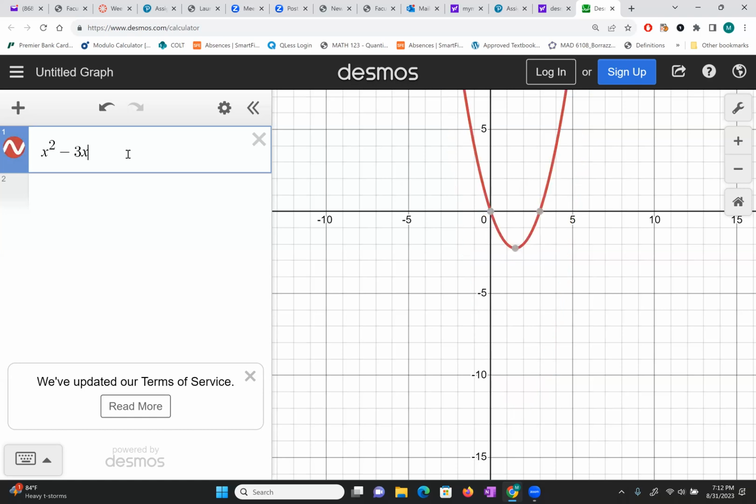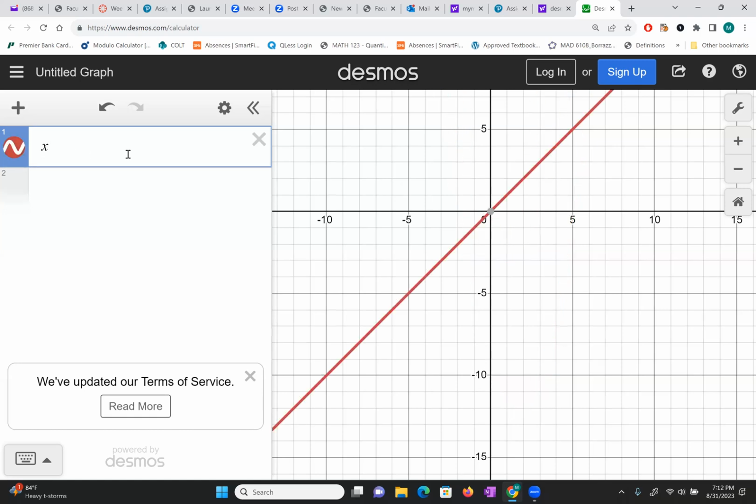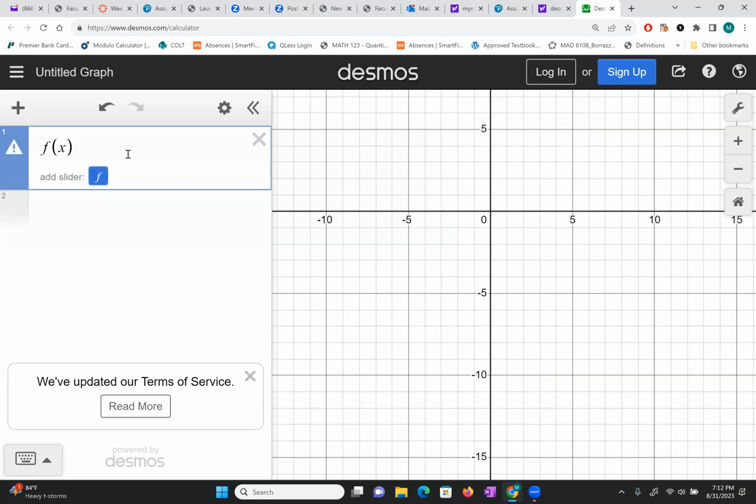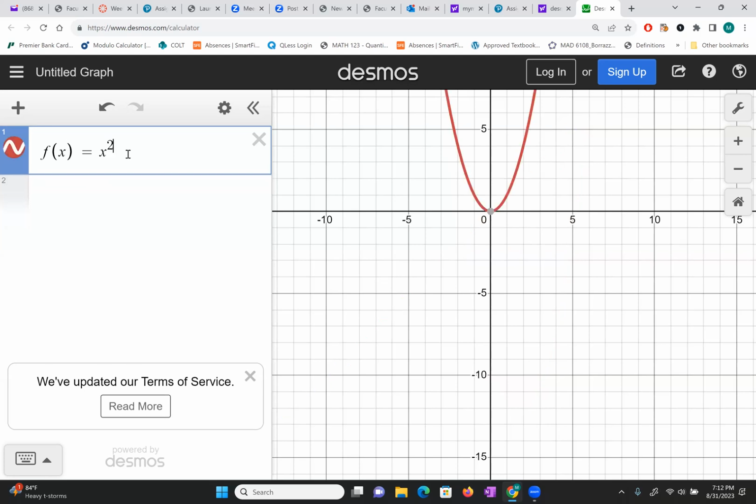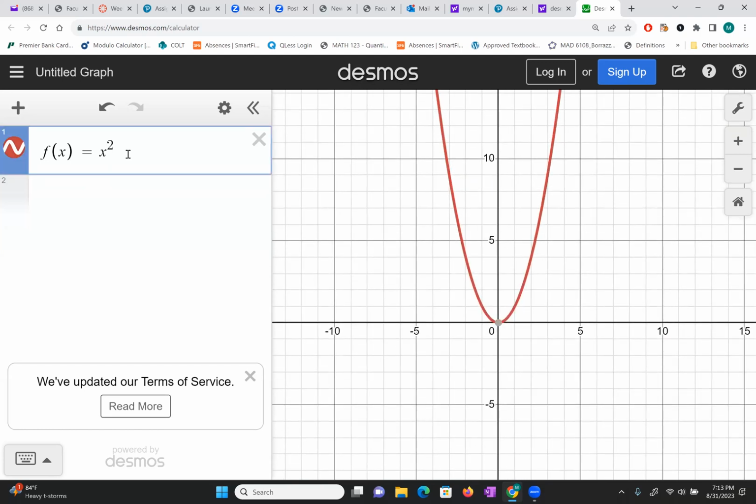If I just simply graph a basic parabola, so I'm going to call this some f of x, and that f of x is equal to some positive x raised to the second power. So that's just the parent graph of the quadratic. That's all that is.